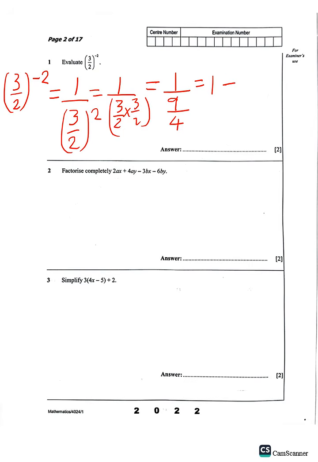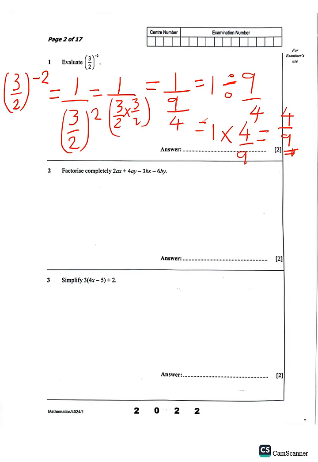We'll just write it as the division sign 9 over 4. Then we can change the division into multiplication and flip the fraction, so this will become 4 over 9. So 1 times 4 over 9 is equal to 4 over 9. So this is our final answer.